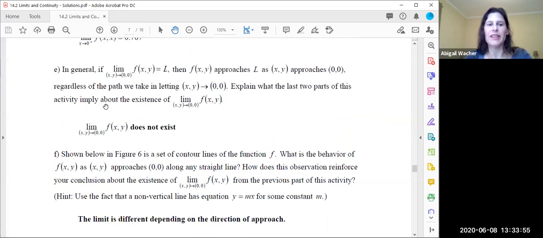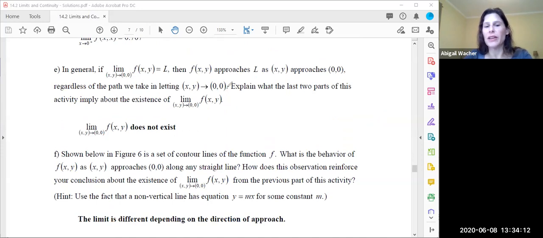Now we formalize. In general, if the limit as x, y goes to 0, 0 of f of x, y equals L, then f of x, y approaches L as x, y approaches 0, 0, regardless of the path we take.